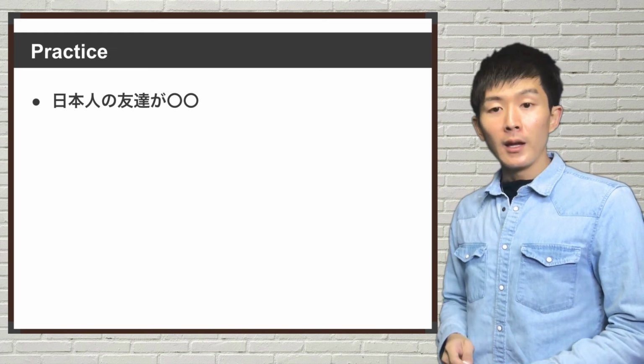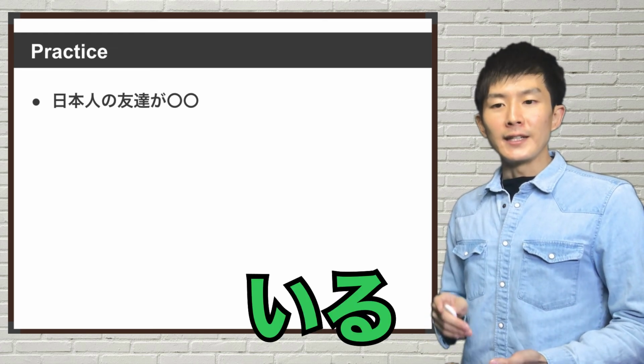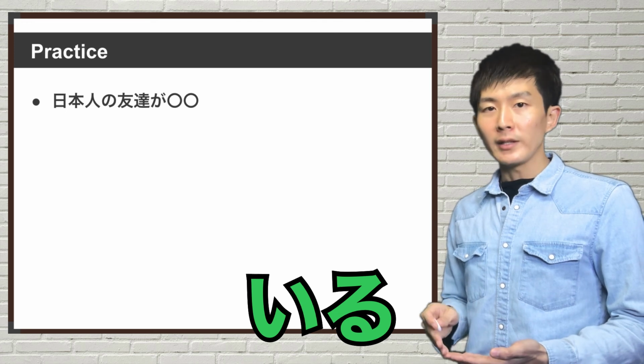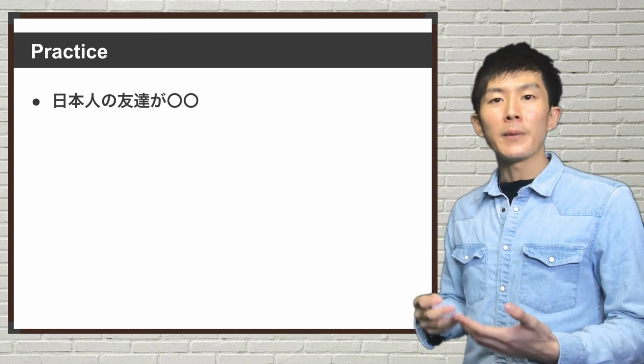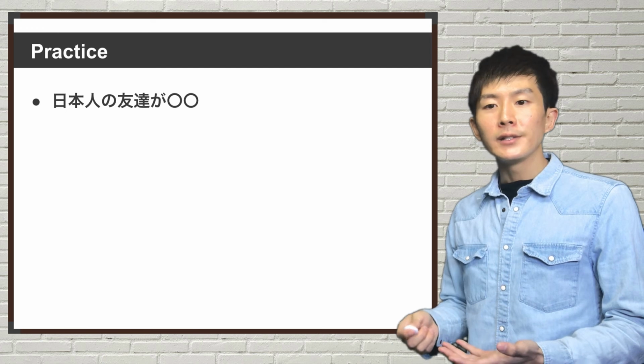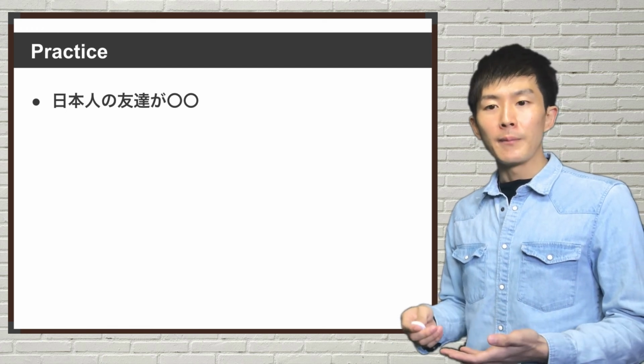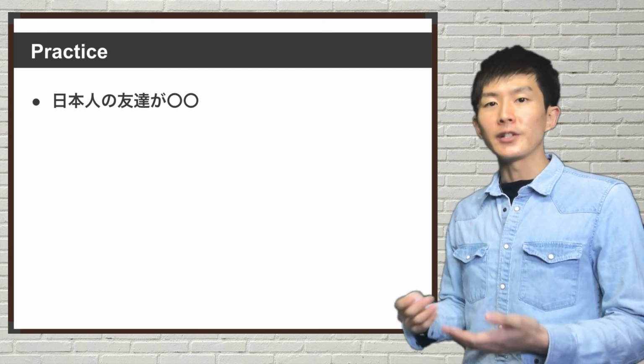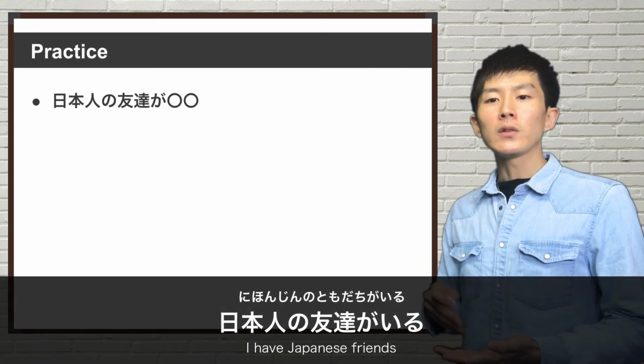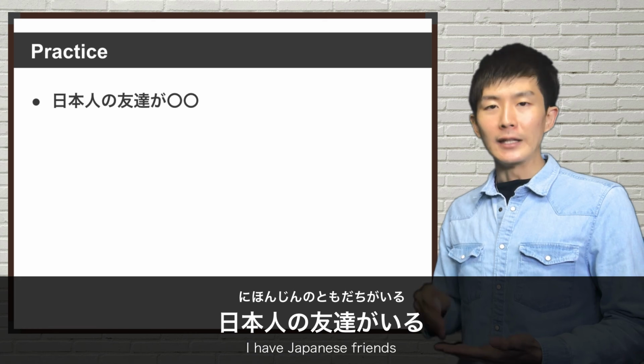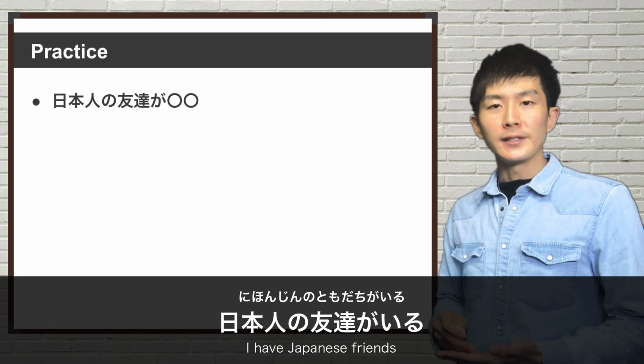Are you done? Okay, the answer is this. いる is correct. You know, friends are people and people are alive, so you need to use いる because いる is used for creatures. 日本人の友達がいる。I have Japanese friends.